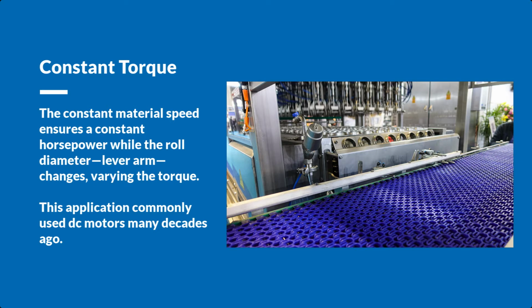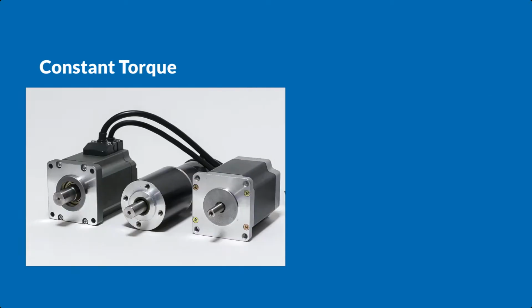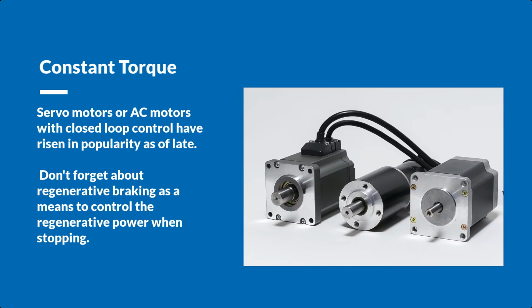This application commonly used DC motors many decades ago. More recently, servo motors or AC motors with closed-loop control are popular choices. With these heavy loads, don't forget about regenerative braking as a means to control the regenerative power when stopping.